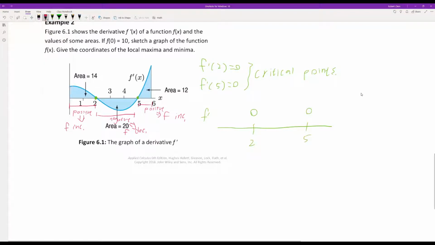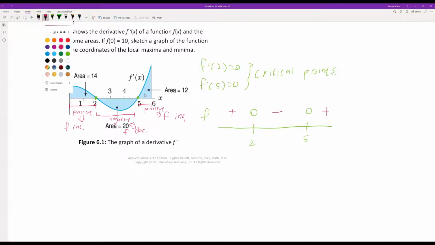And to the left of 2, the graph is above the x-axis. That means f prime is positive, right? And then between 2 and 5, f prime is negative. And then to the right of 5, f prime is positive again, right? So remember, this is the first derivative test.